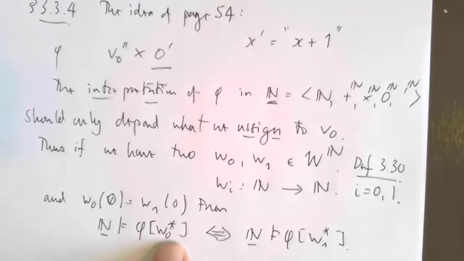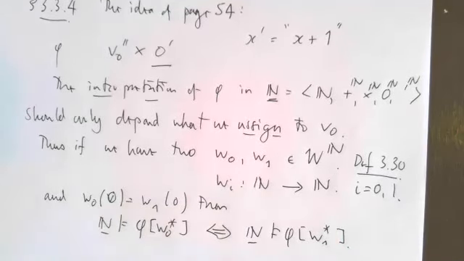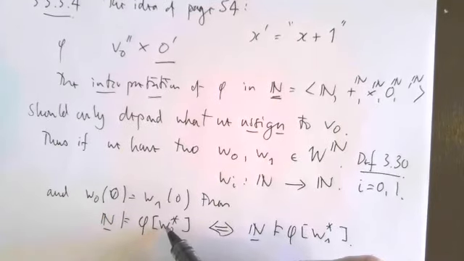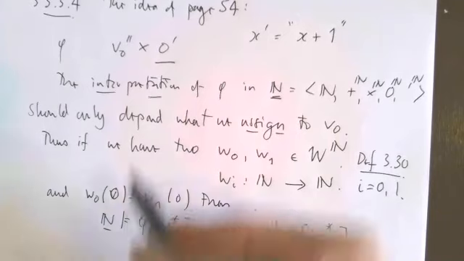And then we use that assignment as in definition 331 to assign objects in the structure to terms, but also ultimately we're assigning truth values to a formula, this formula.